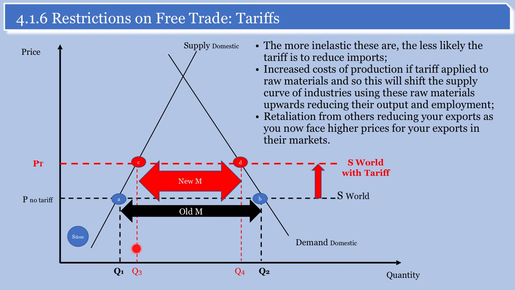And we'll see in a minute there's evidence that the supply curve would shift upwards to the left, causing a reduction in output in those industries and costing jobs in those industries. So the gain in jobs here might be offset by the cost of jobs in the other industries that use this particular product, whatever this particular market is, as an input into their industry.